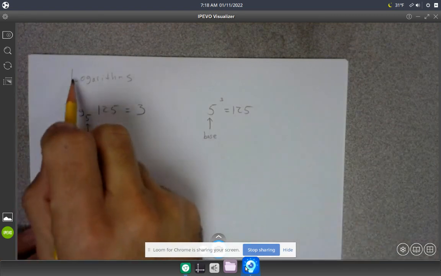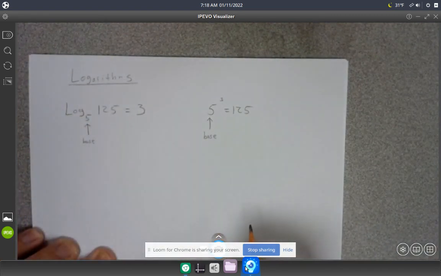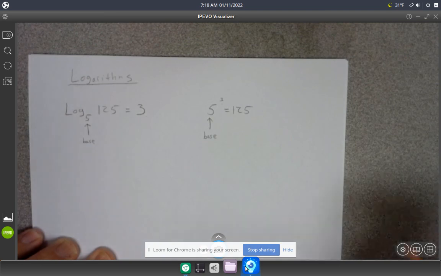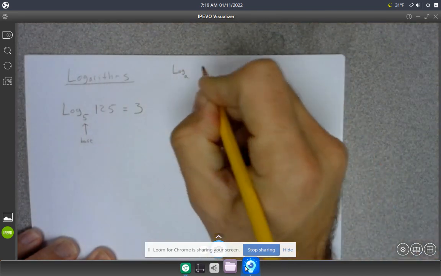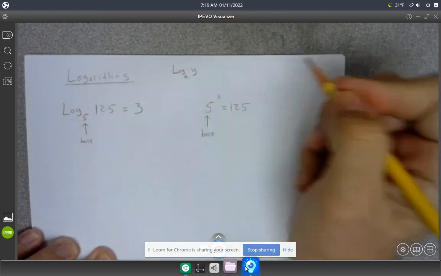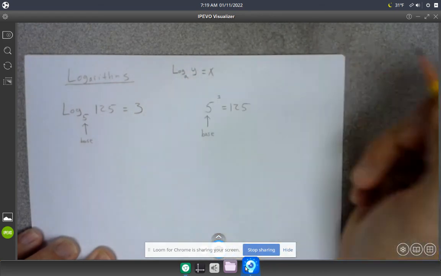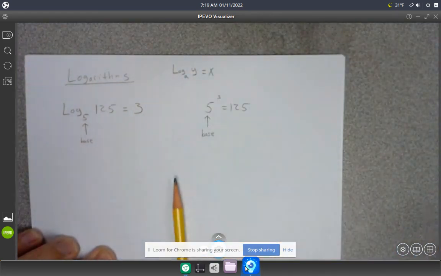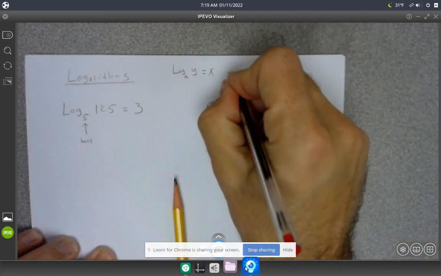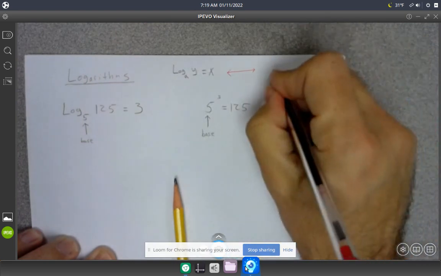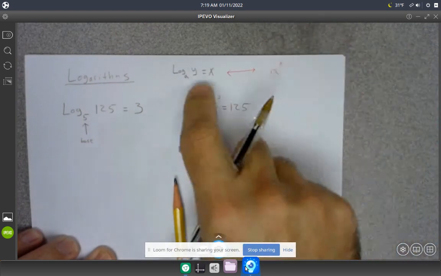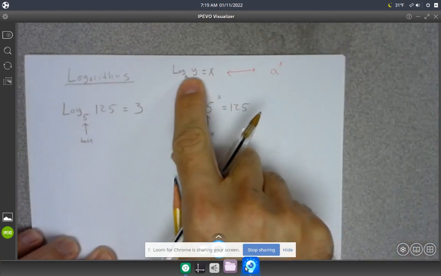So the general formula for a logarithm statement, I'll go ahead and give you that. It is log base a of some number is equal to x, and then its counterpart in the little exponential world would be a to this power is equal to that.